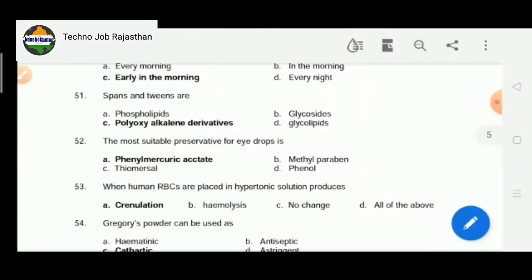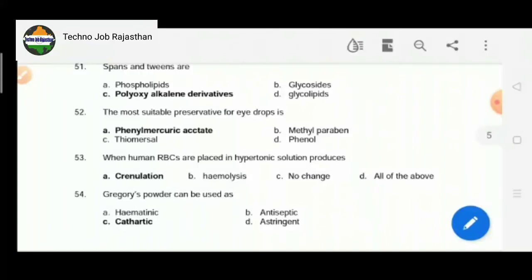Question 51: Spans and Tweens are option A phospholipids, option B glycosides, option C polyoxyalkylene derivatives, option D glycolipids. So the correct answer is option C, polyoxyalkylene derivatives.